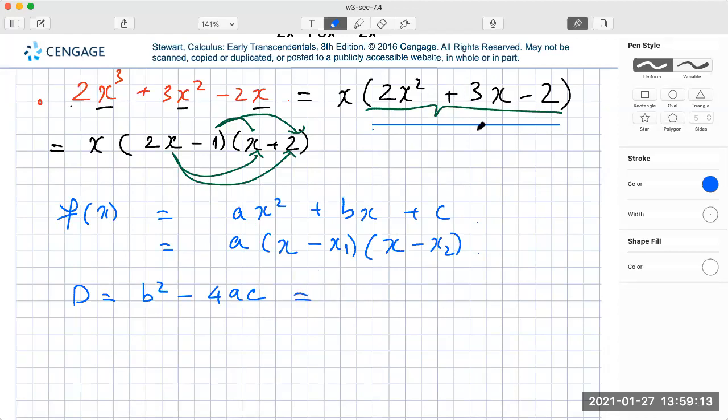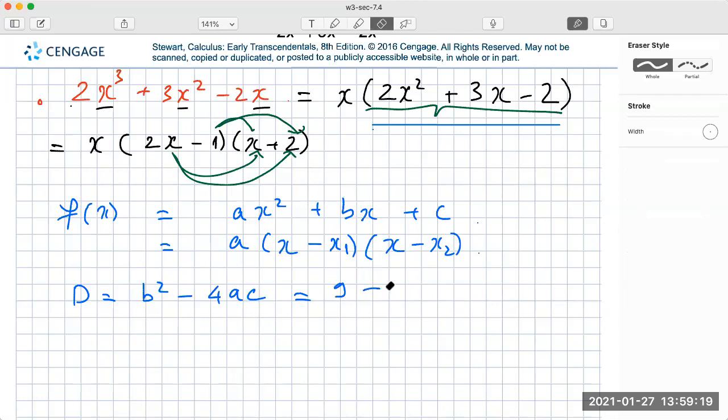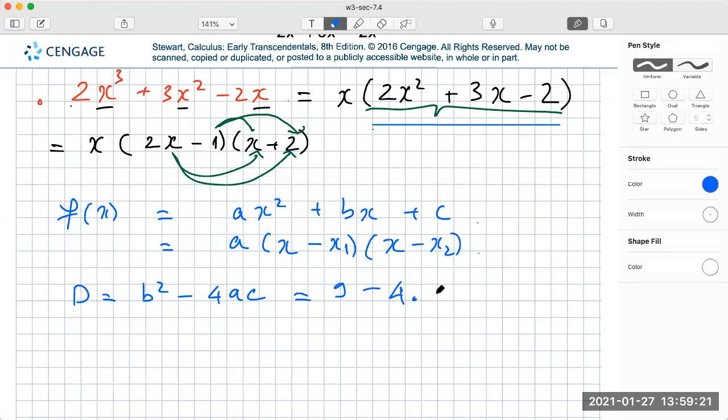And what is it in this specific case? 9 plus 16, which is 25.